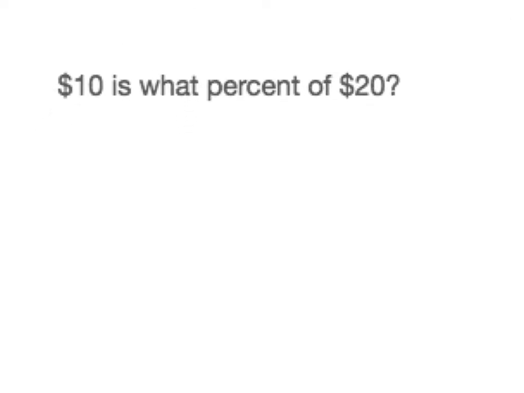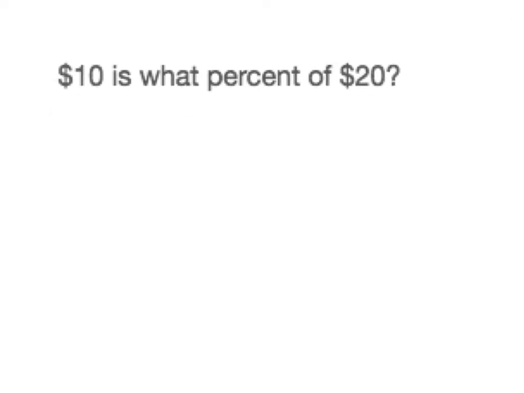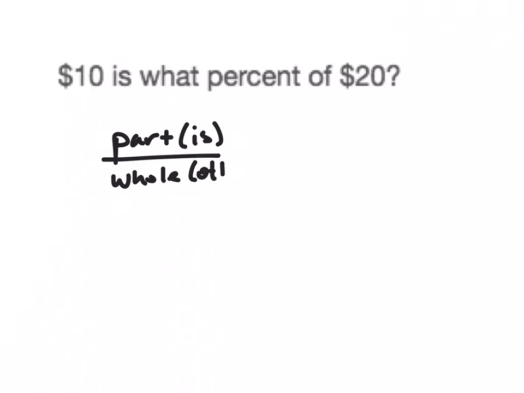On this one, it says 10 is what percent of $20? So let's write out our formula. Part is out of whole, which is of, and that's equal to my percent out of 100. $10 is the part, so that's going to go up here in my numerator.